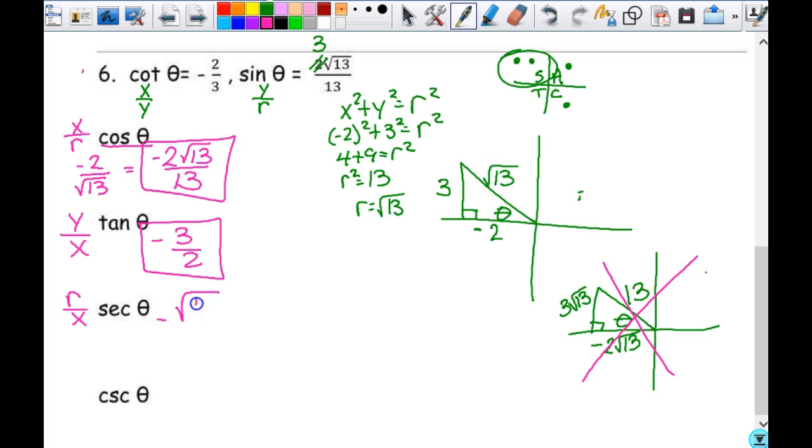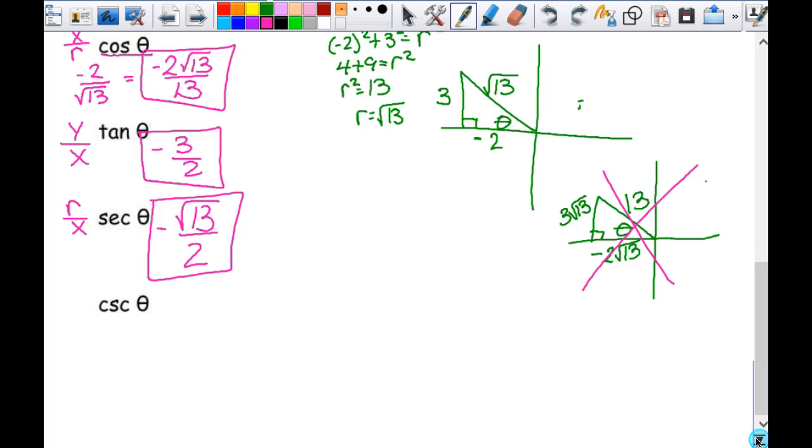So it's negative square root of 13 over 2. Cosecant is the reciprocal of sine, so that is r over y, which is the square root of 13 over the y value, which is 3. And there are my values.